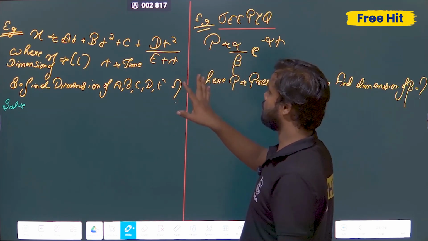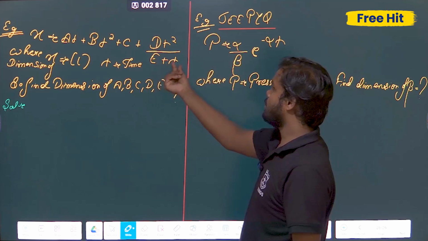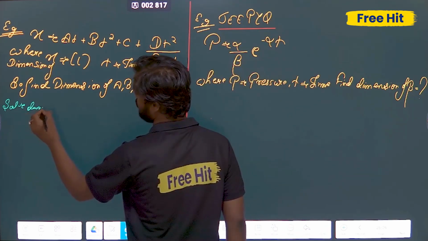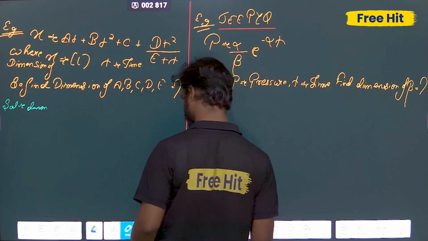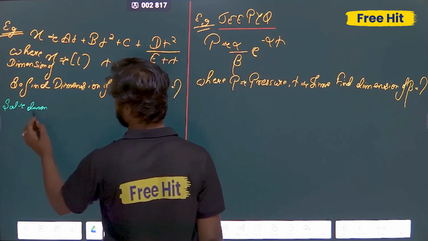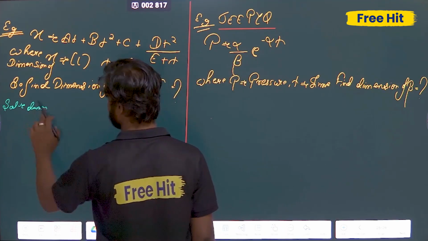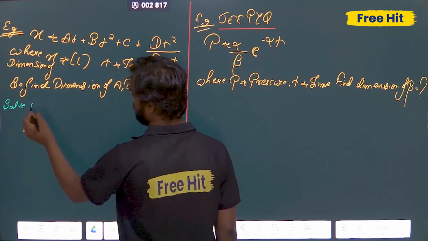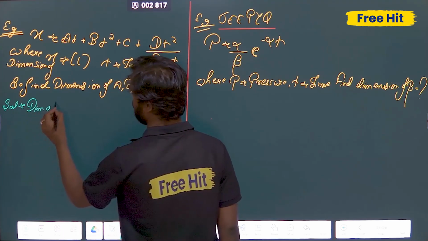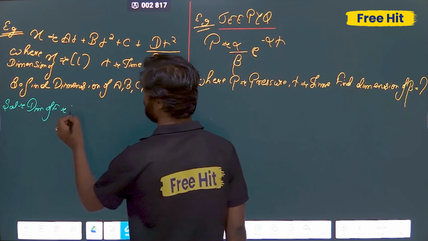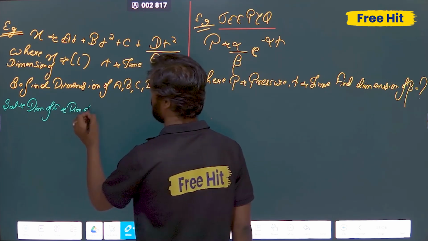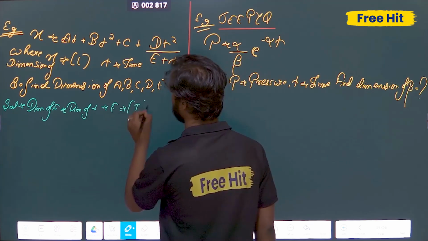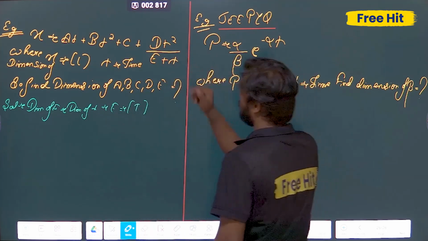So you can see directly here, E and T both are added, so I can say my dimension of E should be equal to dimension of T. So from here I will get my E dimension as T. Clear?